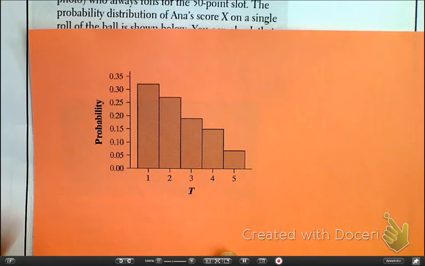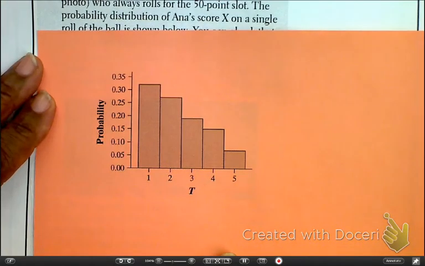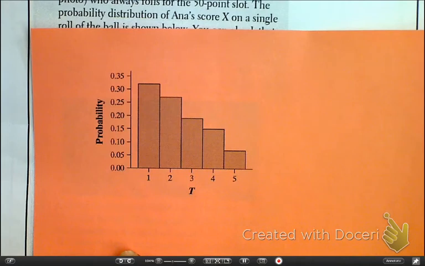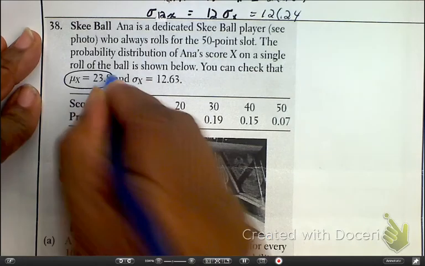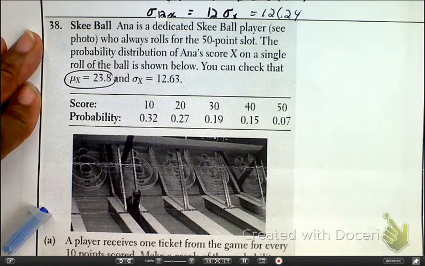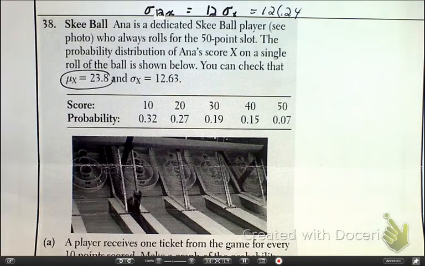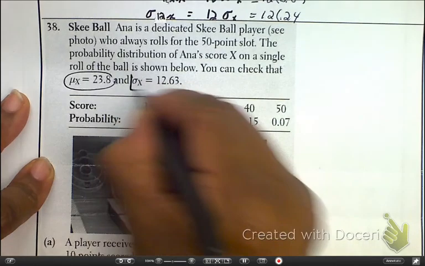Now here's the histogram that represents this skee ball distribution and the tickets. Okay, so here they're asking us for the mean. And then they're asking us for the standard deviation.